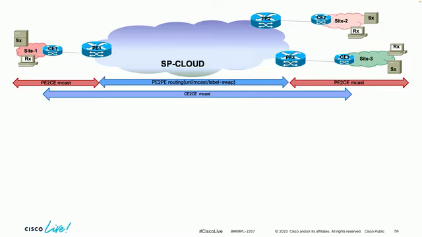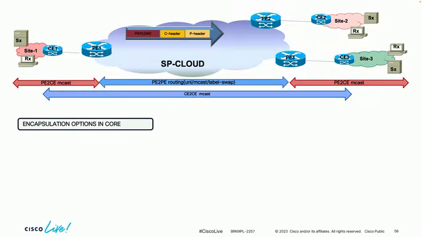So there are three segments here. One segment of multicast is happening in the customer network, where finally they come and get connected to the service provider network. Then we need to do something within the service provider network. Then we have another multicast protocol running between PE and CE. So let's see, the first thing is, what are the encapsulation choices we have?